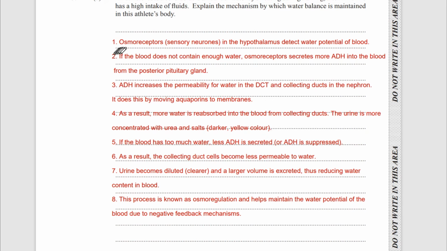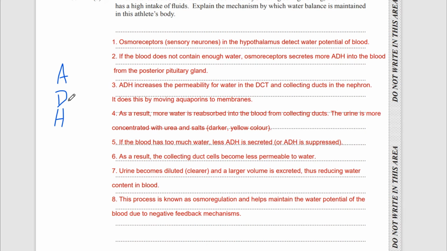So, if the blood does not contain enough water, osmoreceptors secrete more ADH into the blood from the posterior pituitary gland. So what ADH does, if we break down the term ADH, A is anti, D is diuretic, and H is hormone. Well, we know a hormone is a chemical released by a gland that targets an organ or tissue, right?